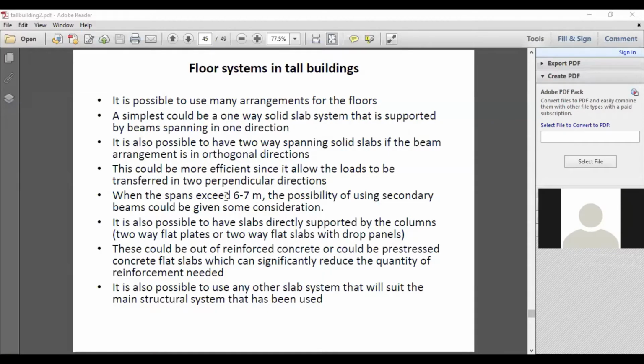So I'll share the screen again. When the spans exceed 6 to 7 meters, the possibility of using secondary beams could be given some consideration. So what are the advantages you will gain by having secondary beams?